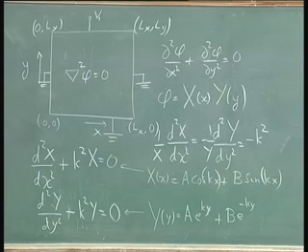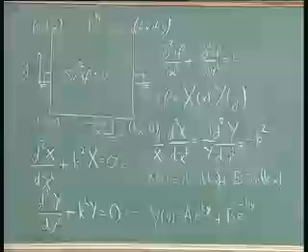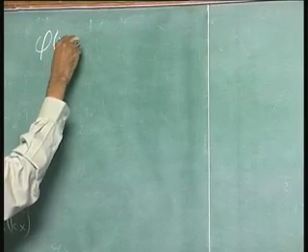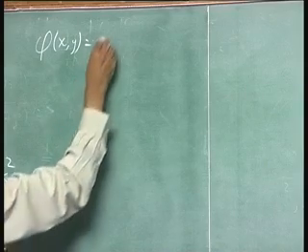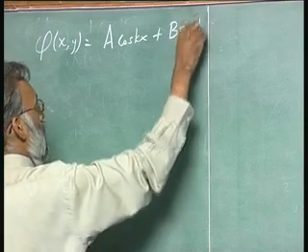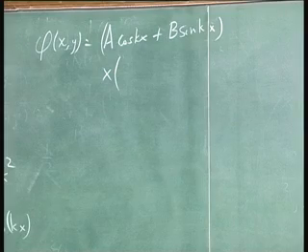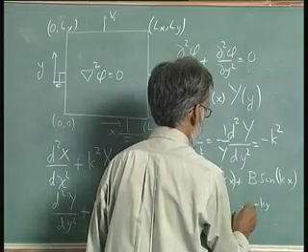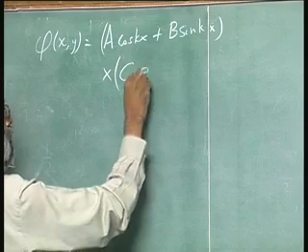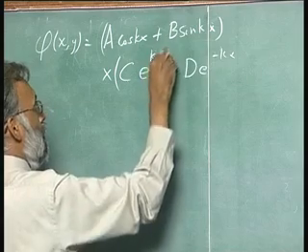So, I can now write down the answer for phi. The potential, which is a function of x and y, is now equal to a cos kx plus b sin kx multiplied by, this should be some c, this should be d, c e to the power of ky plus d e to the minus ky.